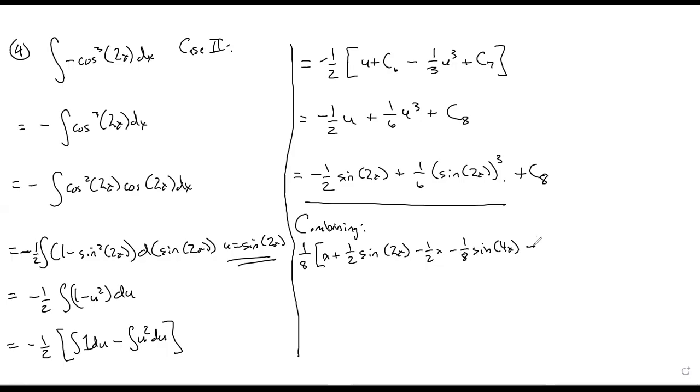And then we get minus 1/2 sine 2x plus 1/6 sine cubed 2x plus our arbitrary constant.